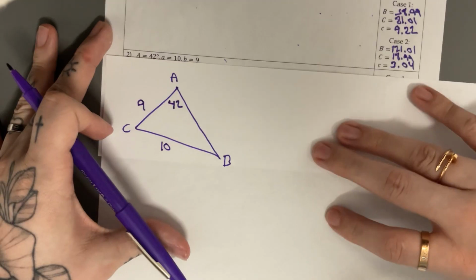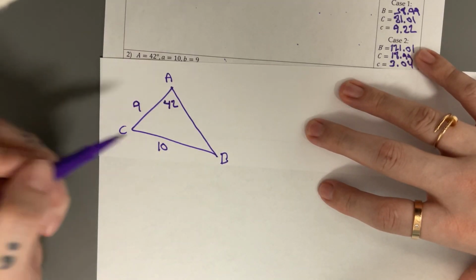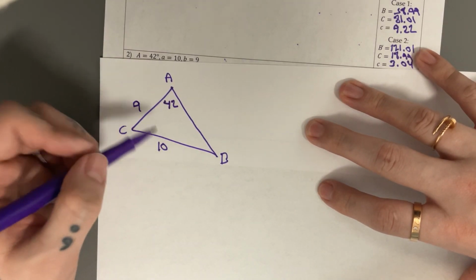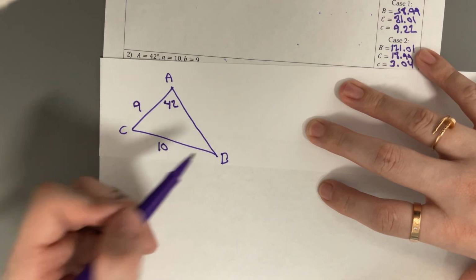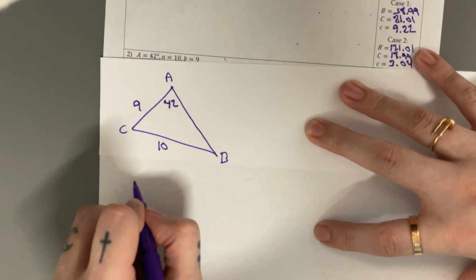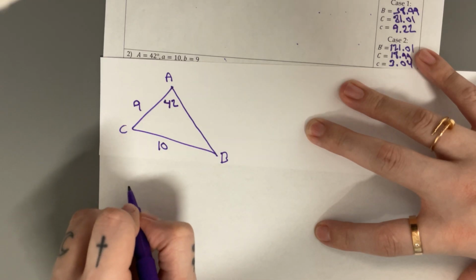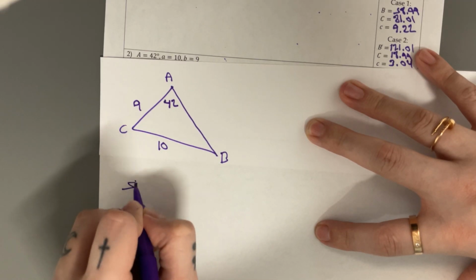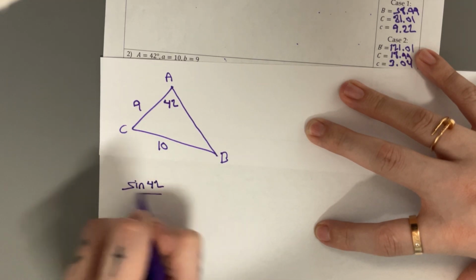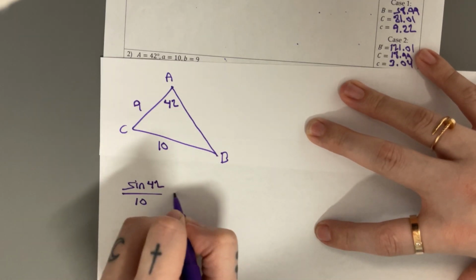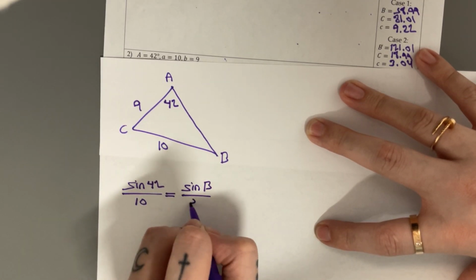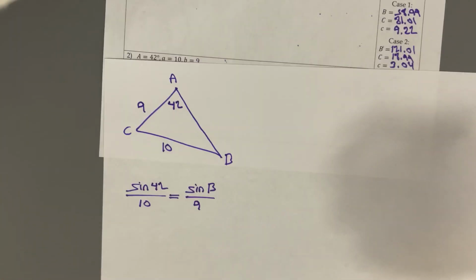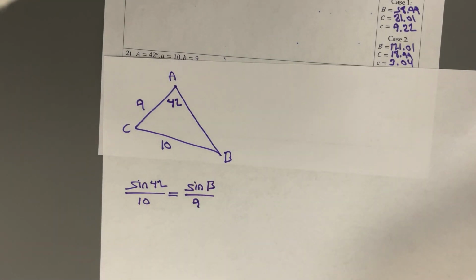So once again, I still am going to have to do law of sines. I have my pair of A's, and then I have a partial of B, so I need to find angle B. So I'm going to start off with sine 42 over 10, and then we're going to do sine B over 9. All right, and then you're going to cross multiply and divide.